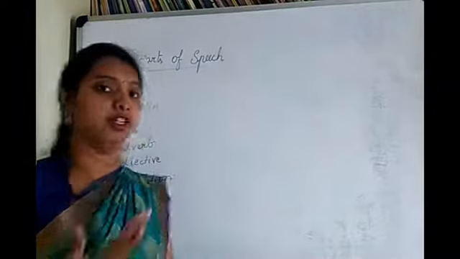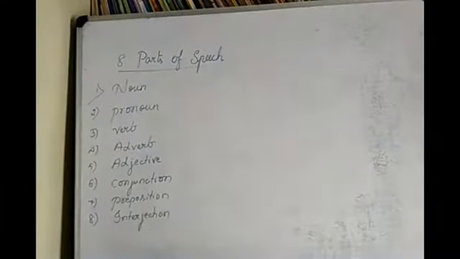Which are those? Let's see. First one, noun. Second one, pronoun. Third one, verb. Fourth one is adverb, then adjective, conjunction, preposition, interjection. These 8 are the parts of speech.